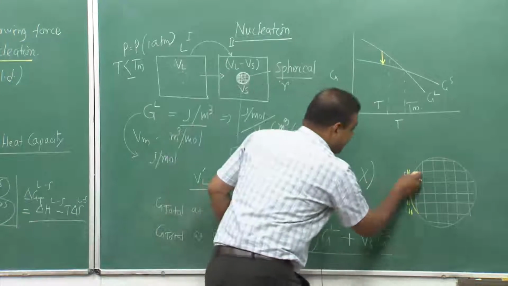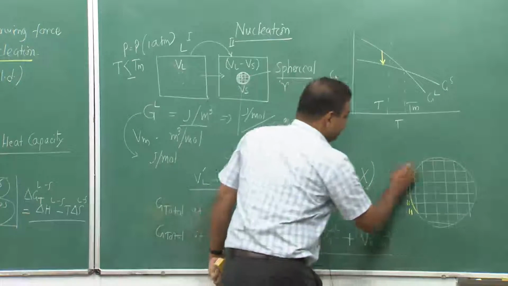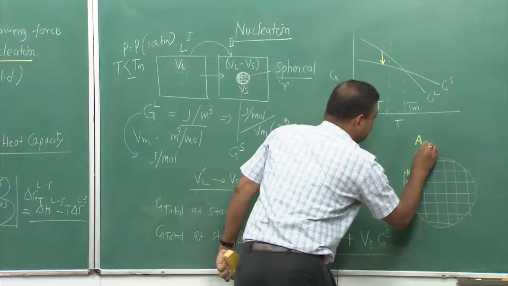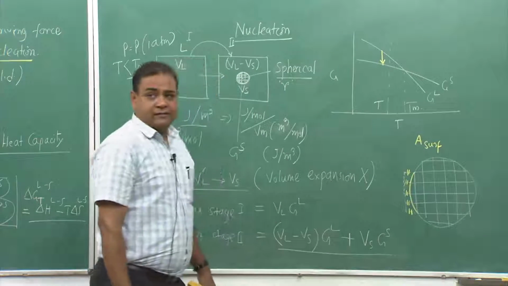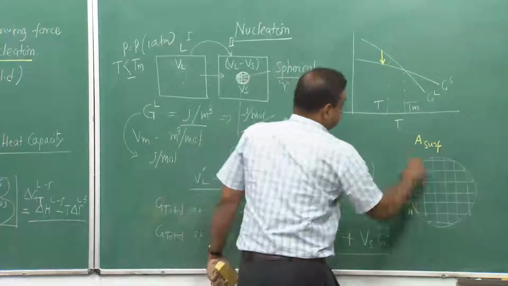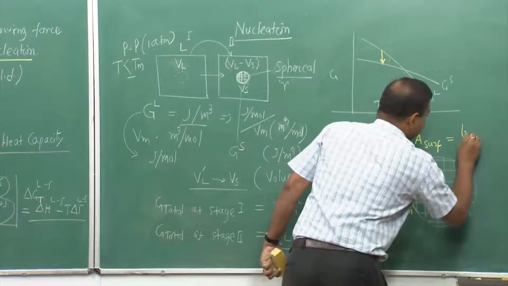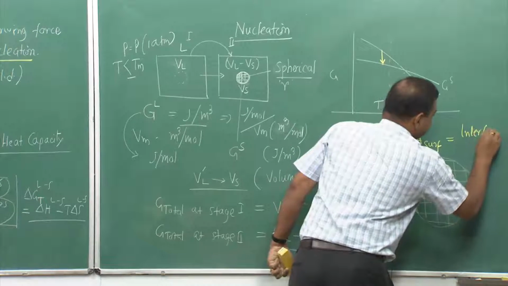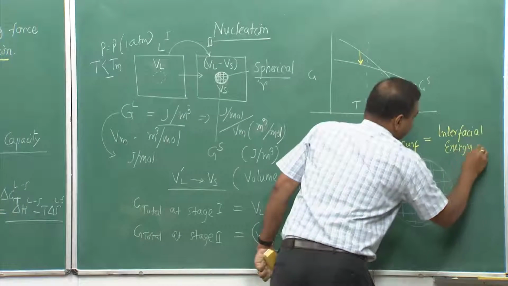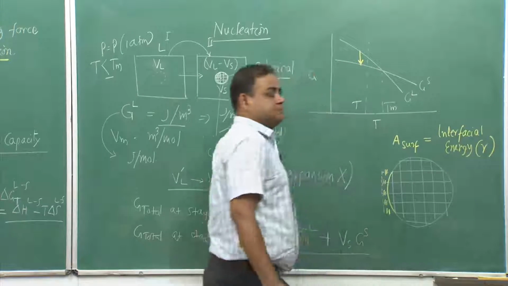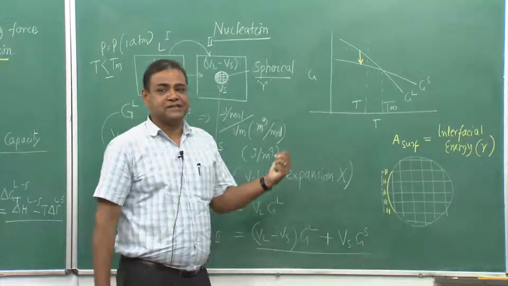And these positive energies around the interface, and this interface is having some area, let us say A surf, that means surface area. Okay? And along that surface area we have an energy we call interfacial energy, which we call gamma. And this gamma is different than the gamma we consider in case of FCC.